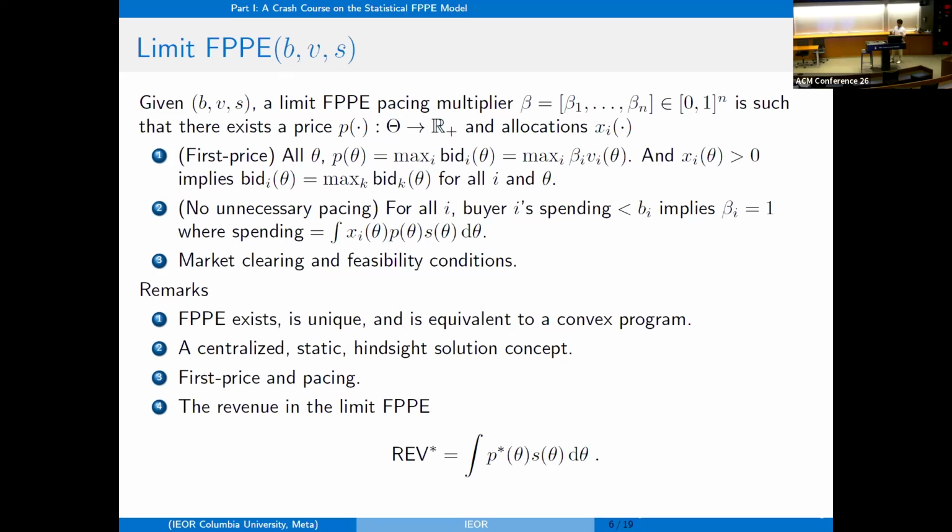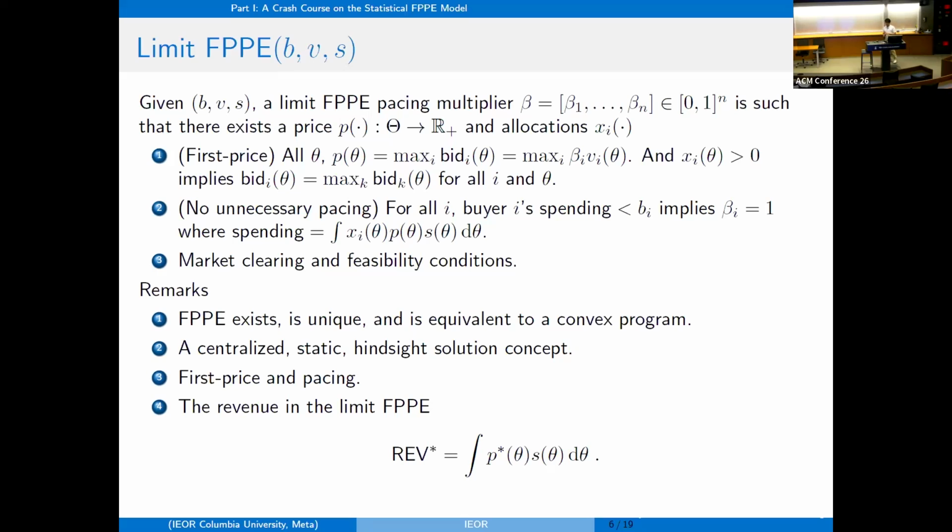FPPE is a centralized, static, hindsight solution concept. There's a lot to unpack here. We say it's centralized because we're thinking from the platform's perspective. The platform would like to figure out what is the ideal pacing configuration. This is in contrast to other work that thinks from the bidder's perspective: what's the optimal bidding strategy?